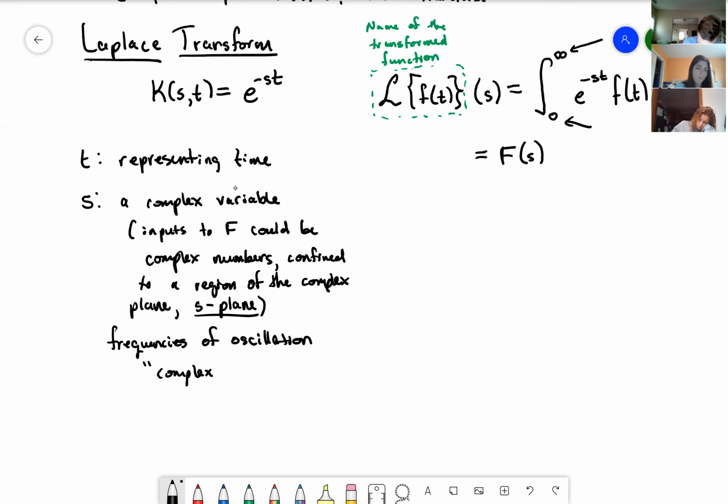Sometimes we call them complex frequencies. So we're using a complex number. If you remember Euler's formula, e to the complex number t represents a periodic solution if there's an imaginary part to the complex number. So in this way, we think of these complex numbers as representing frequencies of oscillation.